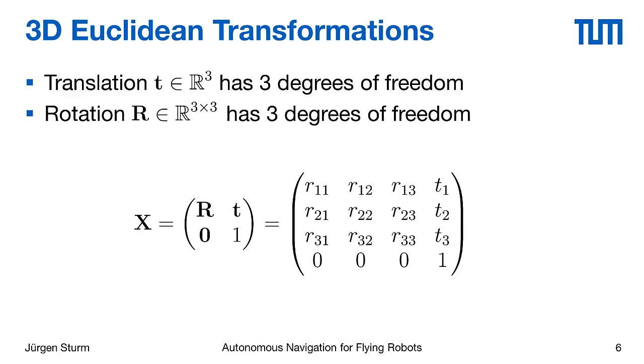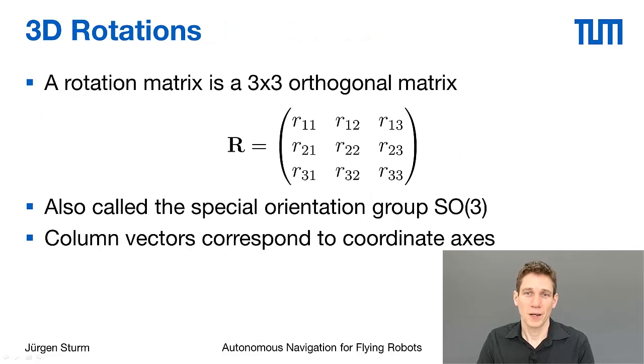Now, if you look more closely at this rotation matrix, then you see that it actually consists of 9 elements, because it is a 3 by 3 orthogonal matrix. This group is also called the special orthogonal group, SO(3), because it preserves scale and it preserves the angles. And to read such a rotation matrix, you can look at the column vectors, and then these vectors correspond to the coordinate axes after the transformation.